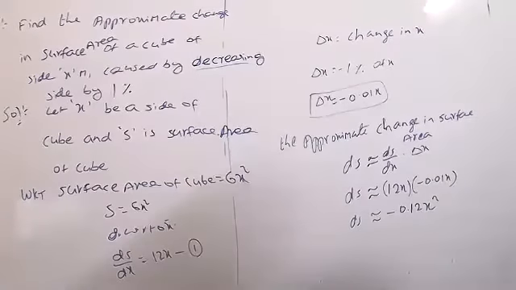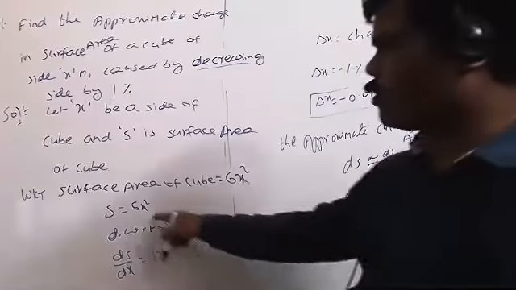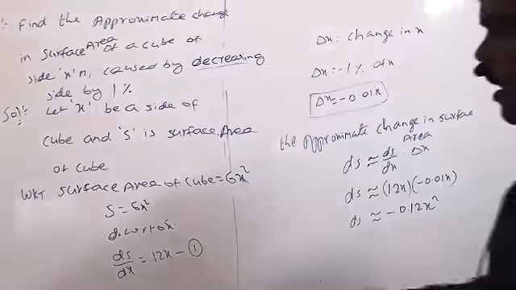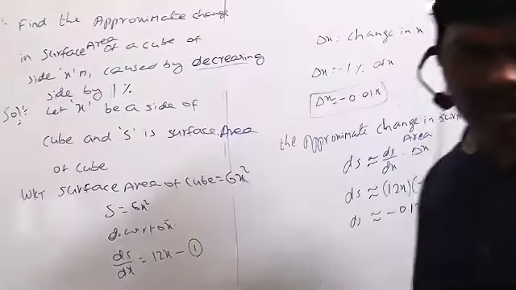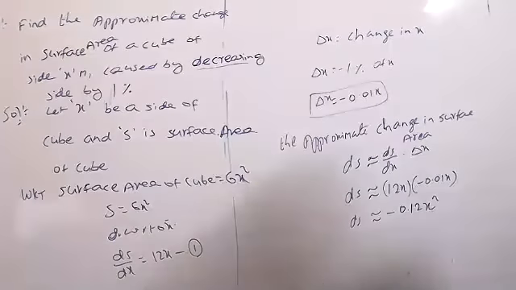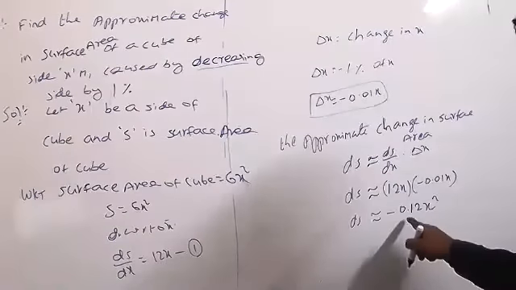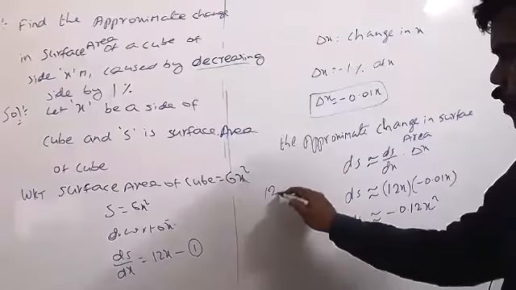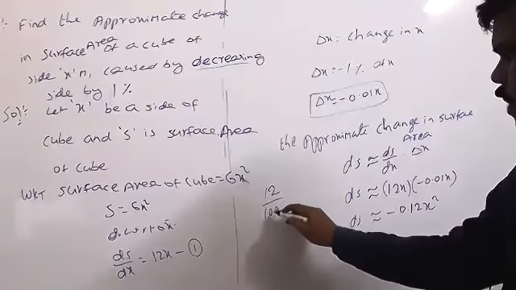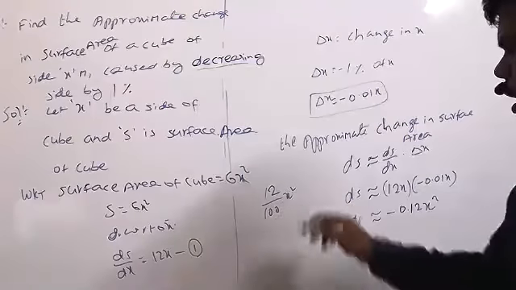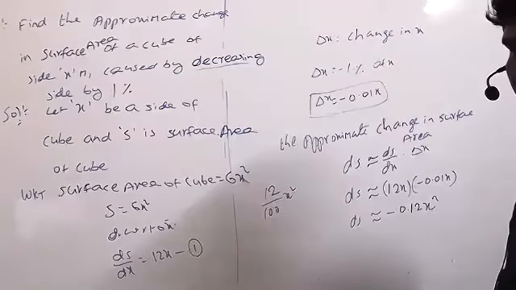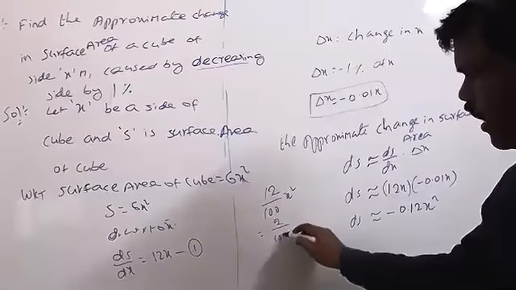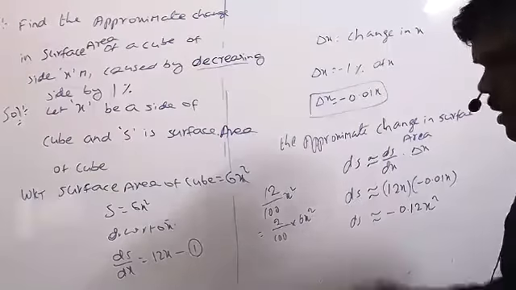Now we have to express this in terms of the surface area, which is 6x squared. 0.12 means 12 by 100, times x squared, which is 2 by 100 into 6x squared.